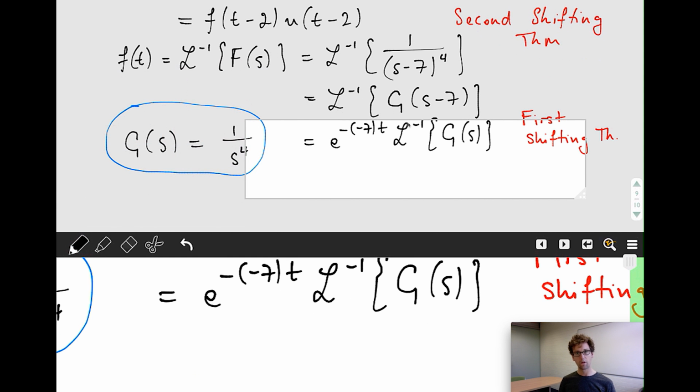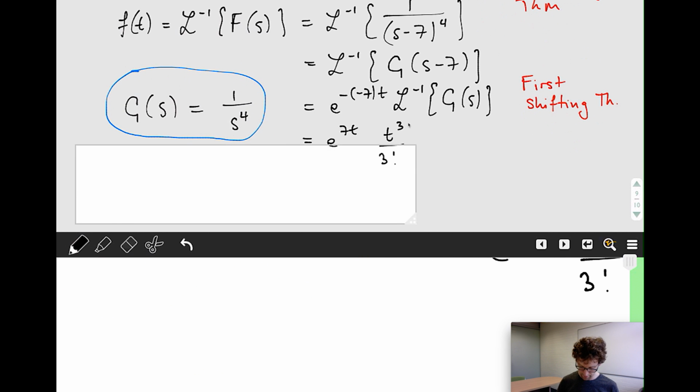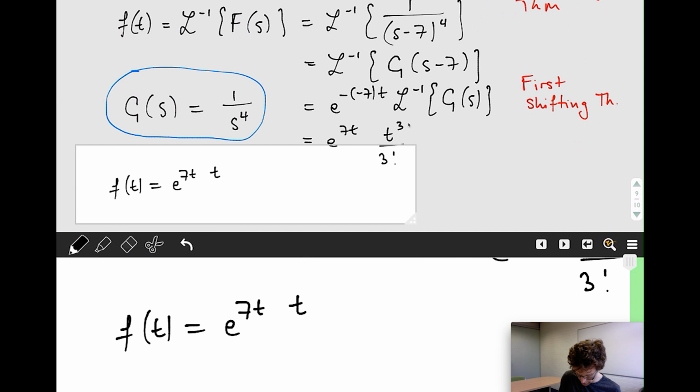Okay. So we have e to the 7t times the inverse Laplace transform of 1 over s to the power of 4. Well, that's going to be t to the power of 3 over 3 factorial. So what we found here is that my function f of t is equal to e to the 7t t cubed over 3 factorial.